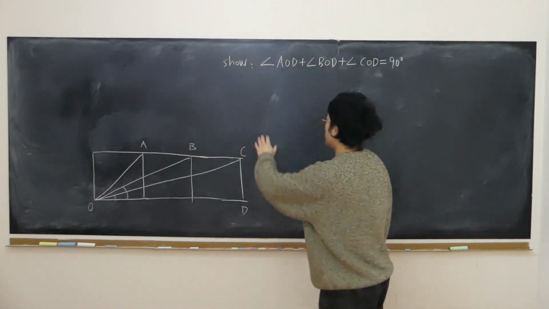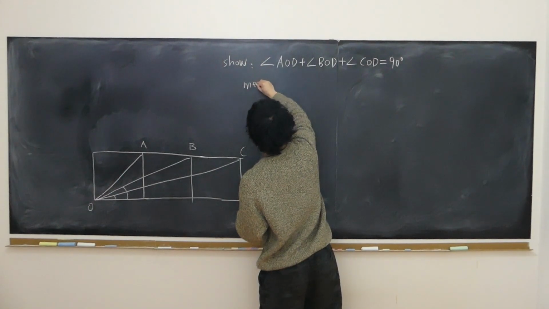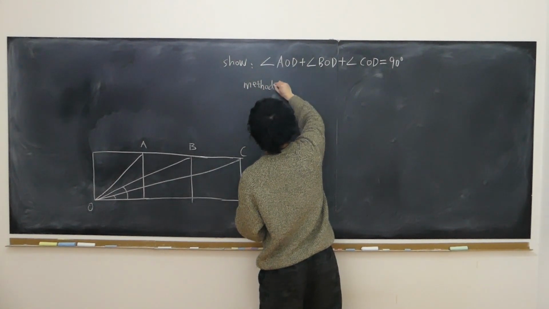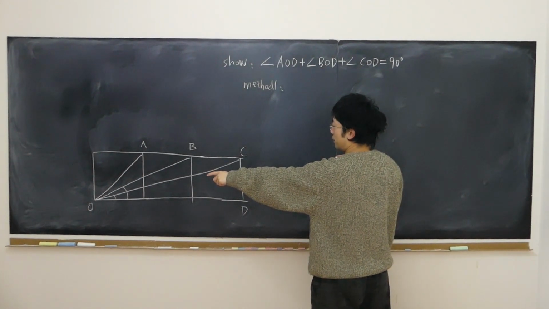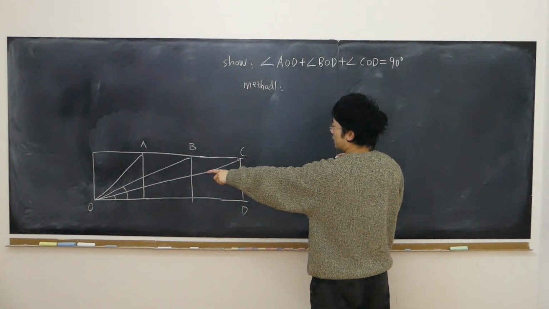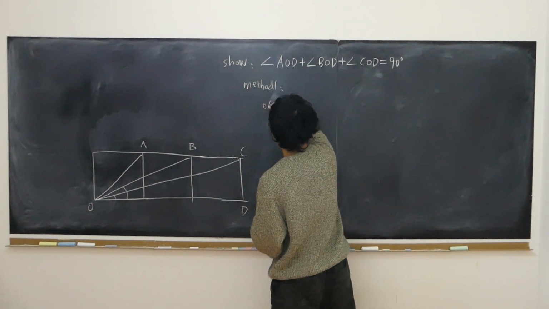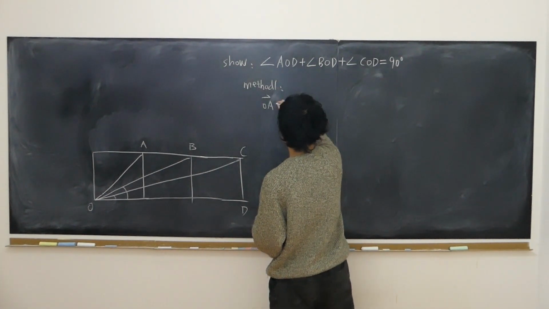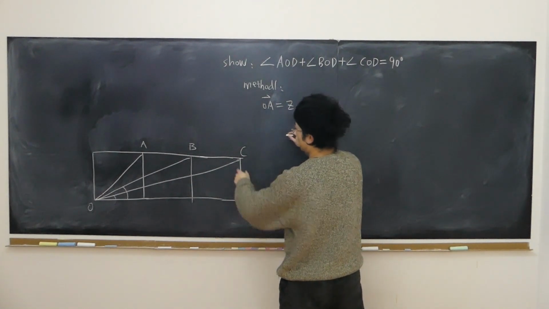So first of all, I can think of 2 methods. First method is I can use complex numbers. I will treat O as my origin and treat the vector OA as Z1, first complex number.